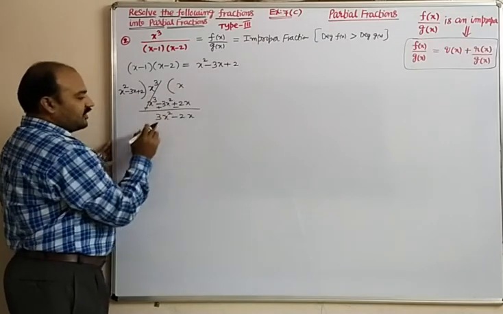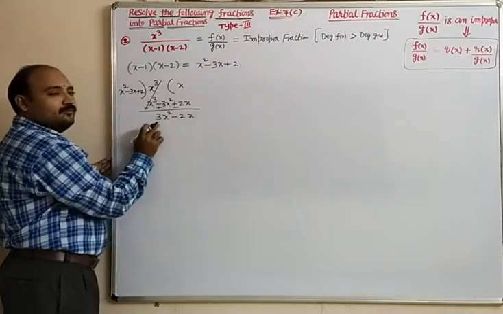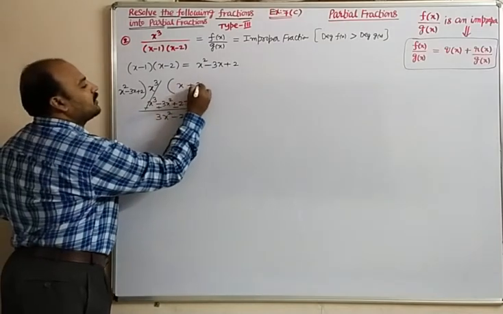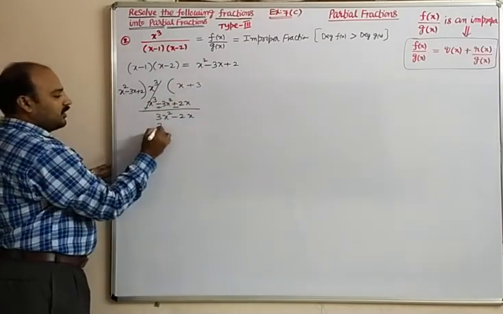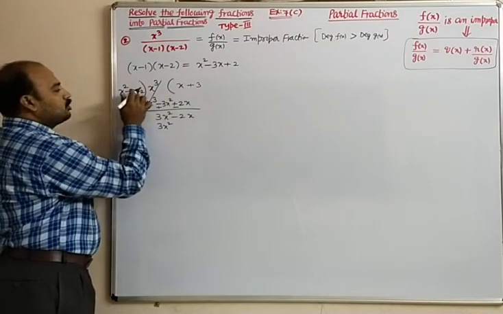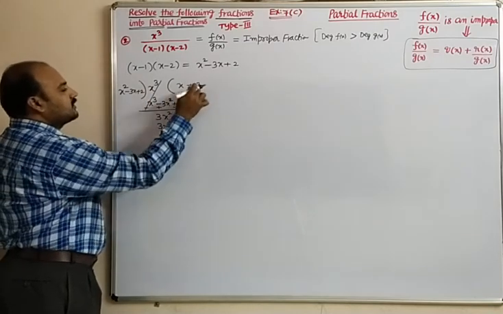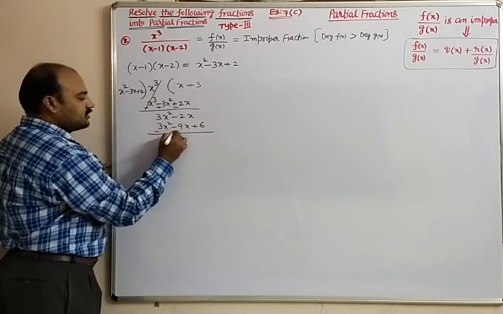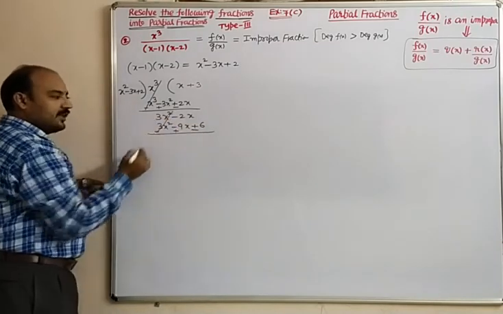Whether it is plus 3 or minus 3, that is also a doubt. So how to do it? Here plus 3 is there, means plus 3, multiplying by 3. 3 into x square, 3 into minus 3x is minus 9x, 3 into 2 is 6. While subtracting, sign change, these two will be cancelled.